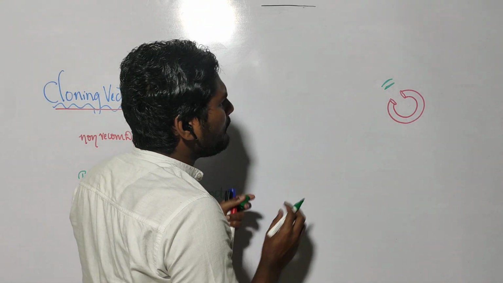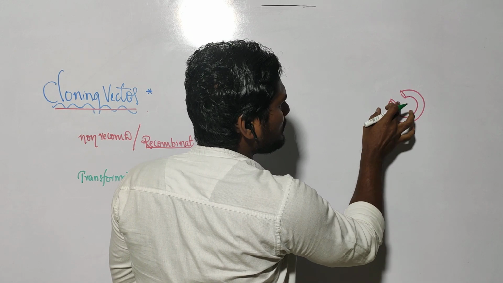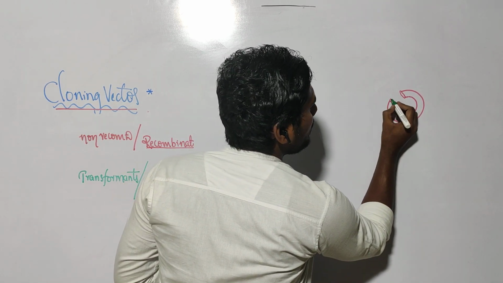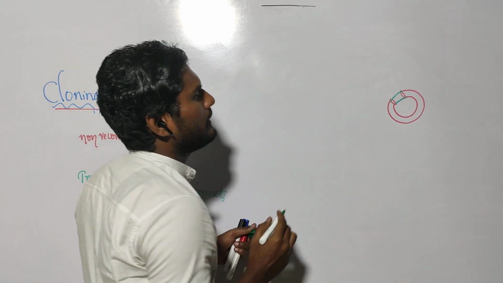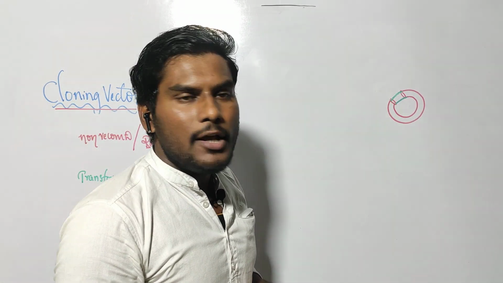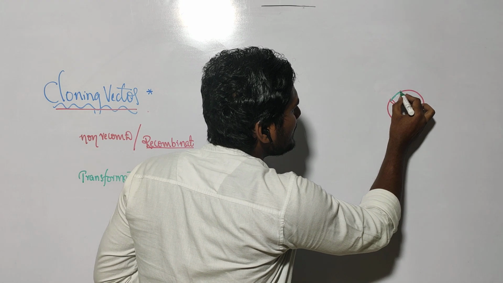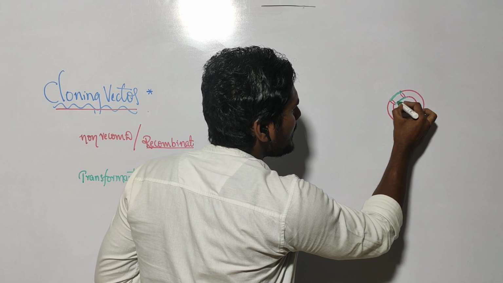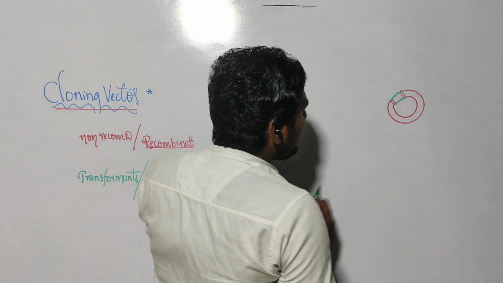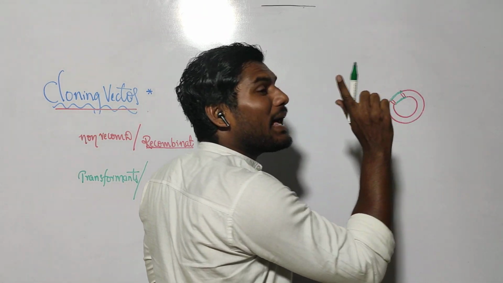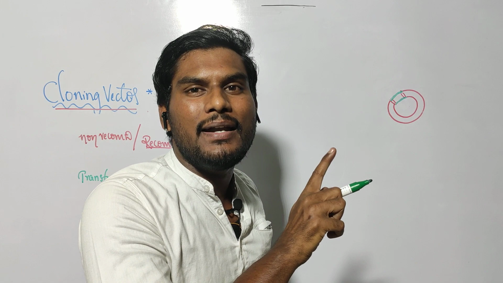Now immediately what will happen is that this gene of interest is joined here, like this. Now you remember, this is our foreign DNA, or gene of interest, or alien DNA. And this red color is the plasmid's DNA, or vector DNA.